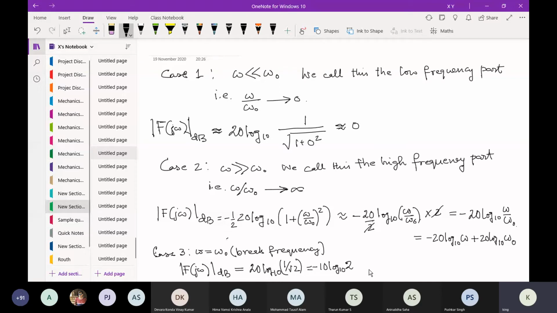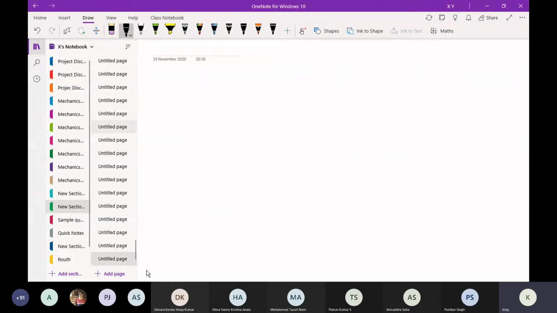Now, since you have given your pre-college examinations with calculators, and I use the log table, I still know that log 2 is something like 0.293. Sorry, 0.3010. So this will ultimately boil down to minus 3 dB, and this 3 dB line you will find plays a big role in Bode plots of all kinds.